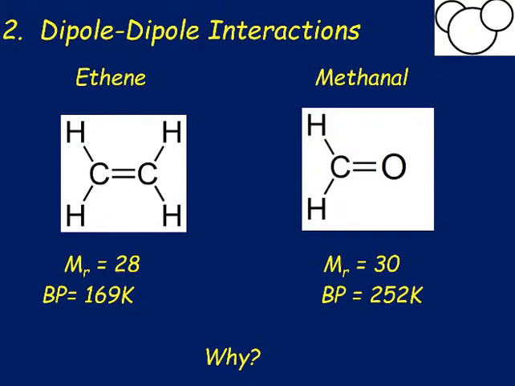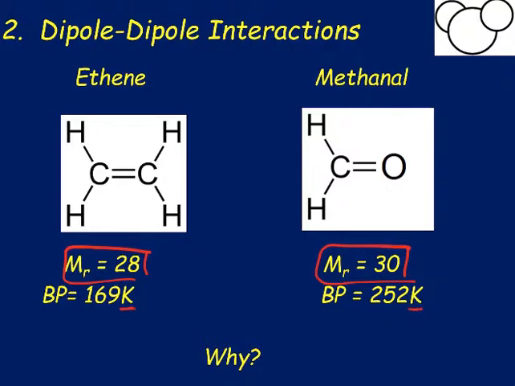So we're going to have just a little look here. So if we were to calculate the molar mass, both of these have very similar molar masses, but the methanol has a much, much higher boiling point. Now, we haven't done Kelvin yet, but it's another measure of temperature that chemists use all of the time. But you can see from these numbers that 252 is bigger than 169.